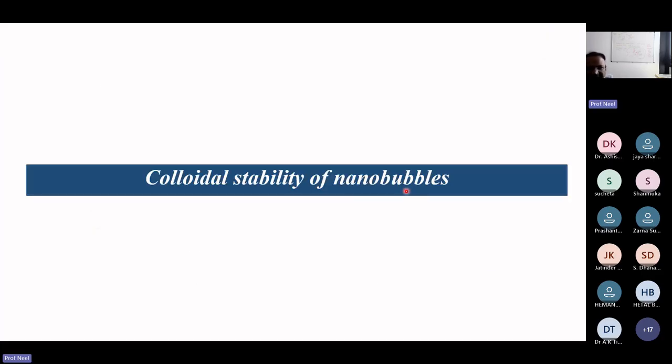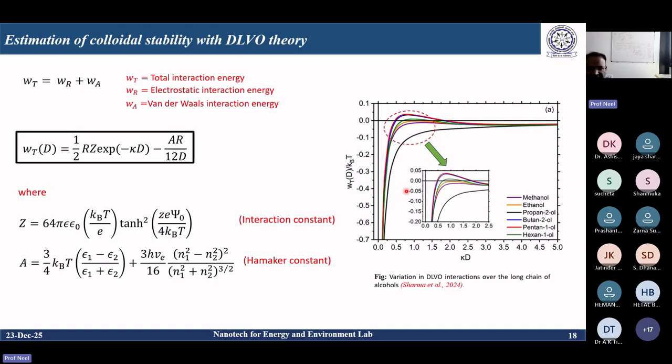About the colloidal stability, bubbles are colloidally stable, and we have measured the colloidal stability. We have measured the barrier in case of different kinds of alcohol. If we go to higher carbon chain alcohol, we find colloidal stability. But if you go to a higher size, you will not find colloidal stability of the bubble.